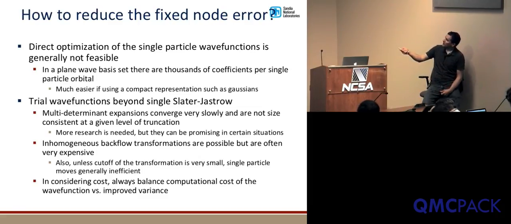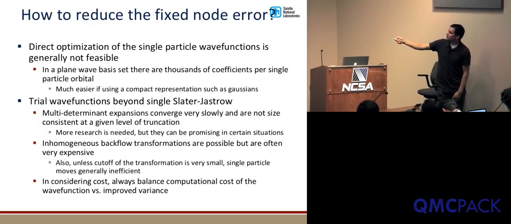Now, if we want to do this naively, it's a problem. If I have Gaussians, there may be a handful of parameters that I have to look at. There are thousands of coefficients per orbital in a plane wave representation, so that's probably not a good place to start. So you'd like to think about using a compact representation, and there are people working along these lines.